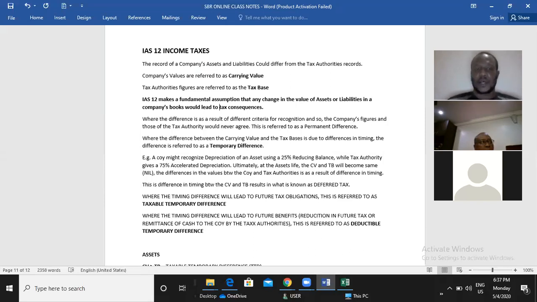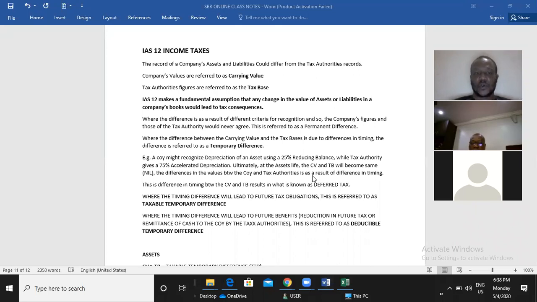Now, where the difference is as a result of timing, then IS 12 describes this as a temporary difference, and that temporary difference will ultimately have tax consequences.